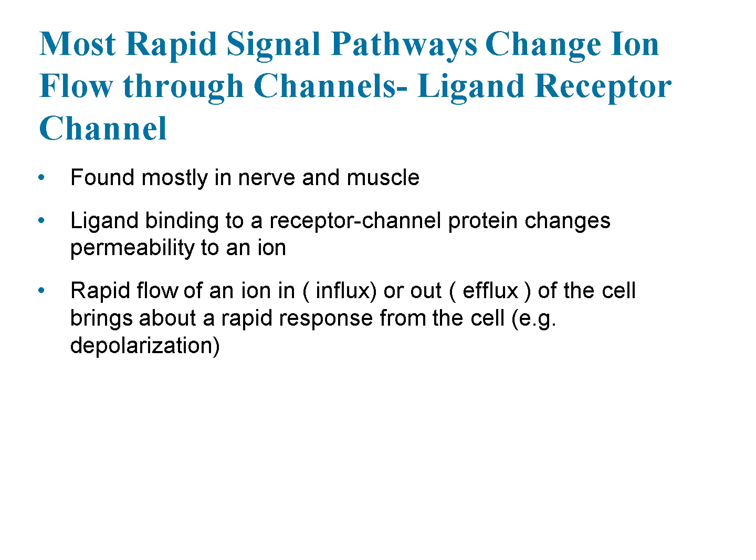The process begins when a ligand, such as a neurotransmitter, binds to a receptor channel protein on the cell membrane. This binding changes the channel's permeability, allowing specific ions to flow either influx into the cell or efflux out of the cell.